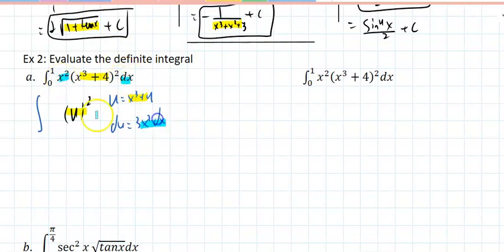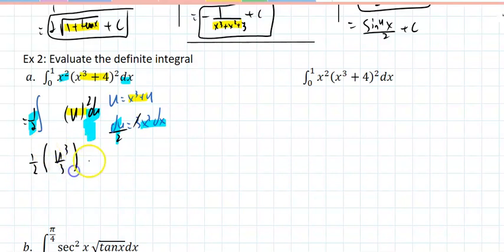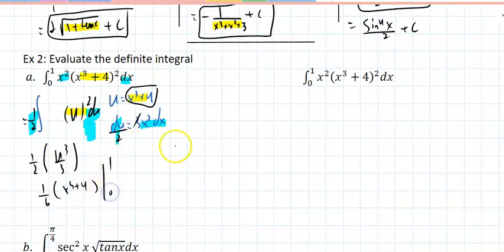X squared dx is du divided by 3, so I could put the 1/3 up front. That is 1/3, and if I integrate, that's u cubed divided by 3, and that is 1/9, and u is x cubed plus 4, evaluated from 0 to 1.